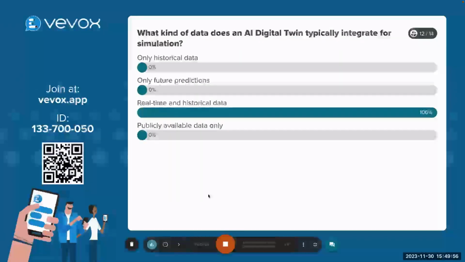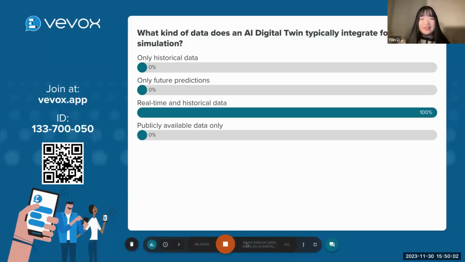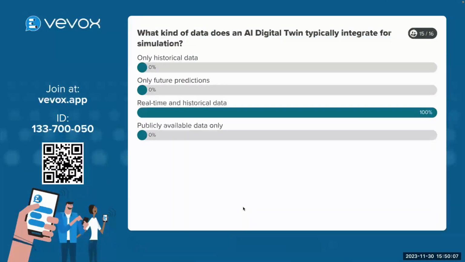12 out of 14 have replied real-time and historical. Actually, in terms of the data, future prediction is not data, but historical data is. Publicly available data only is incorrect, but publicly available data can be used for training purposes.